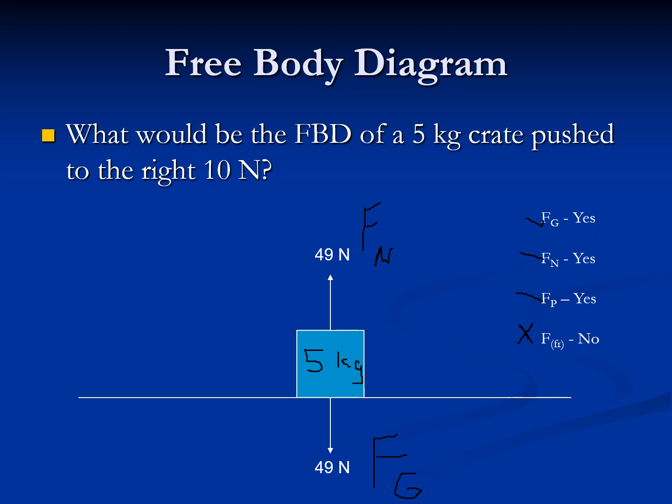So the force of gravity is pulling down, and the normal force is holding it up, just like the last situation. The only difference between this situation and the last situation is that there is now an external push, or an applied force. And because it says right 10, we're just going to put an arrow right 10. That's it. That's how you get the free body diagram. We have 3 arrows because we have 3 forces.